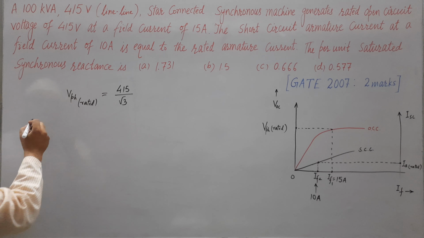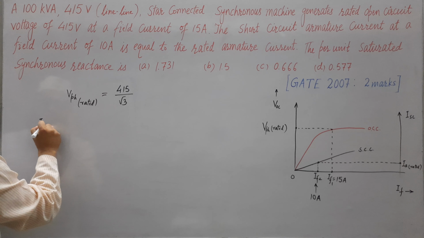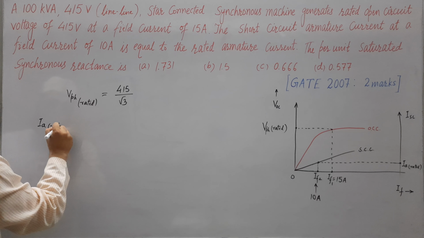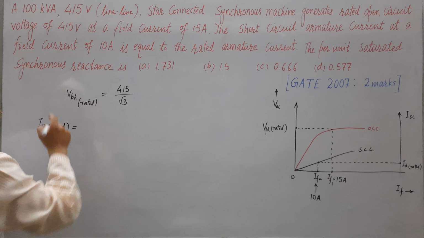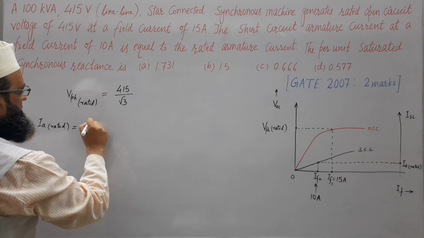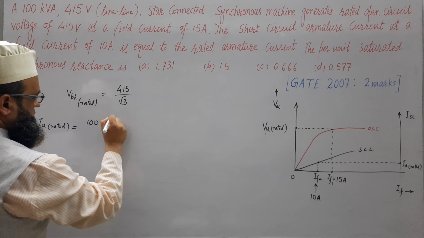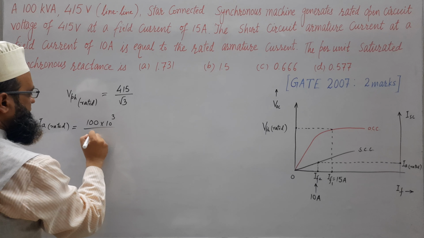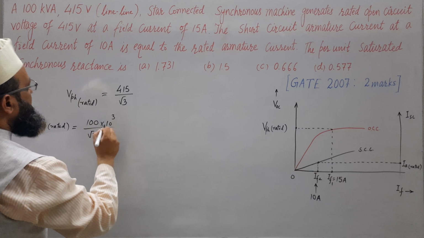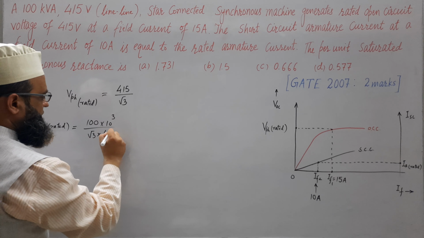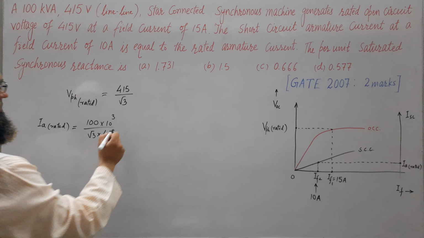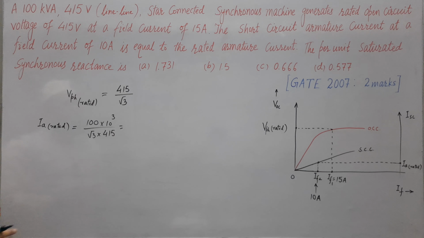We know that IA rated may be written as capacity 100 kVA upon root 3 into line voltage, that is 415 volt. So whatever it comes out to be, we know IA rated.